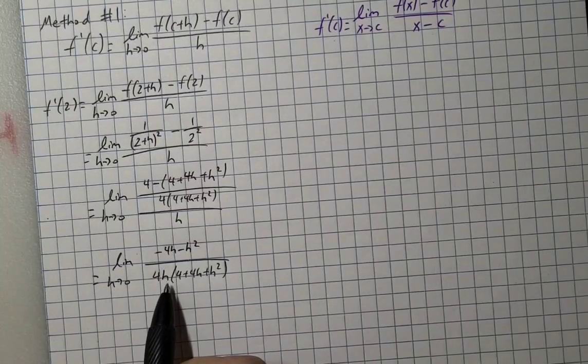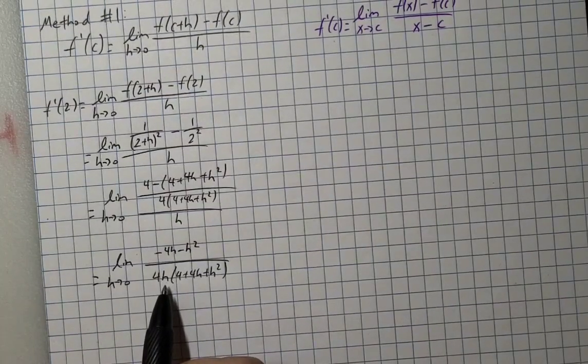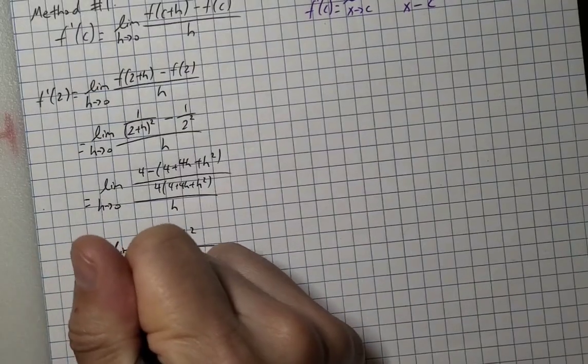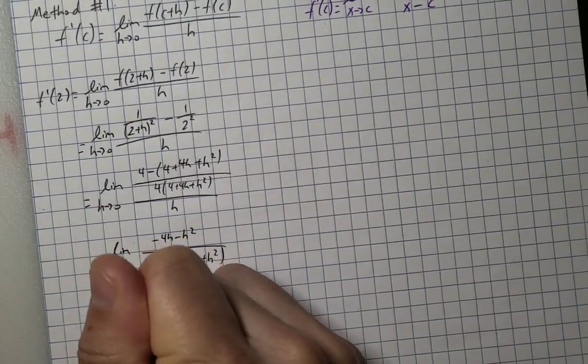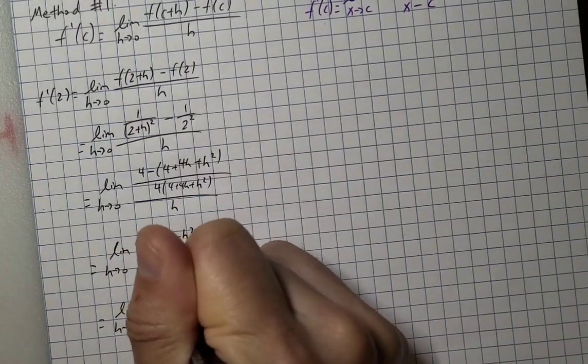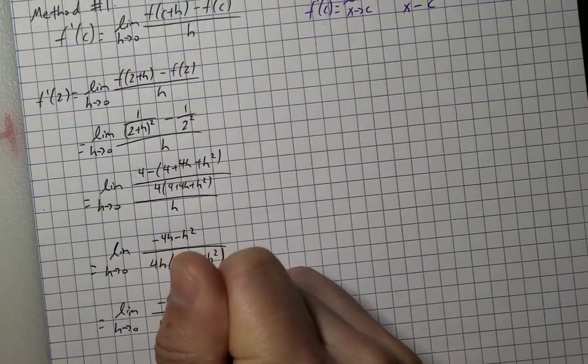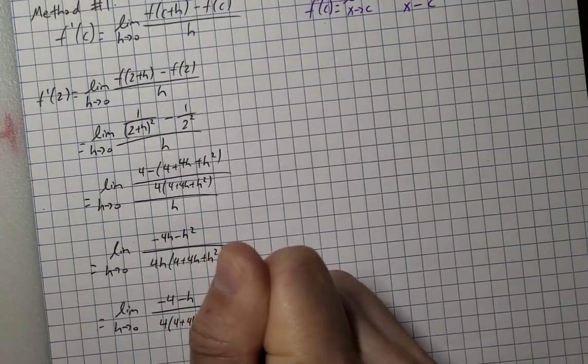And I could actually divide through by h, because I can factor an h up here, can I not? So if I divide through by the h, what do I get? I get minus 4 minus h over 4 times 4 plus 4h plus h squared.